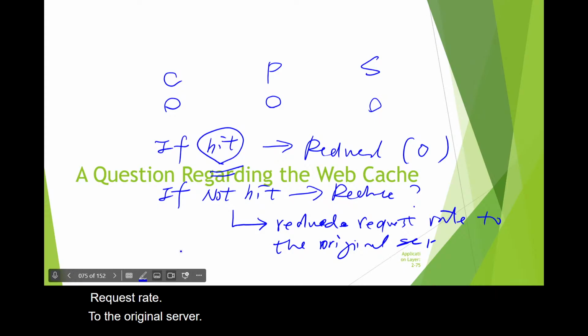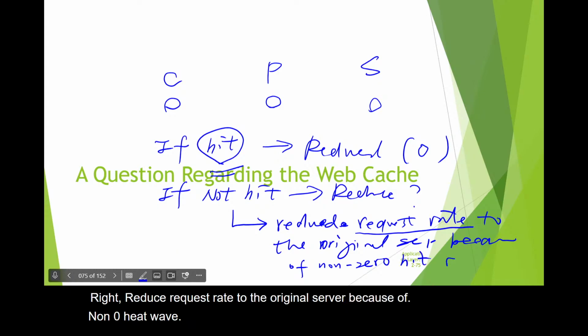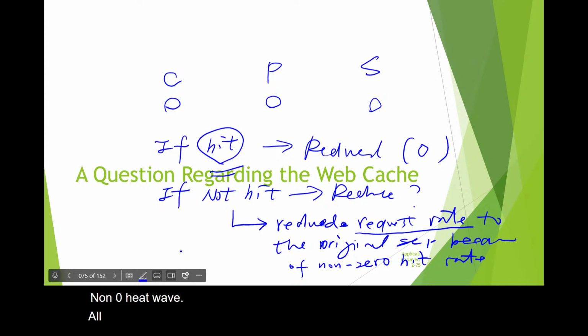Reduced request rate to the original server because of the non-zero hit rate. All right? Because of a non-zero hit rate, then we will have a reduced delay.